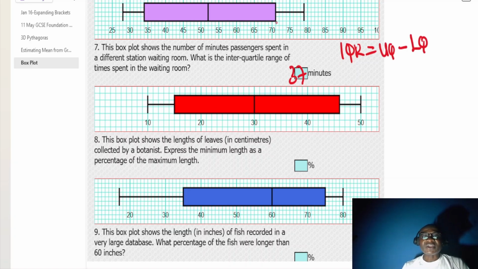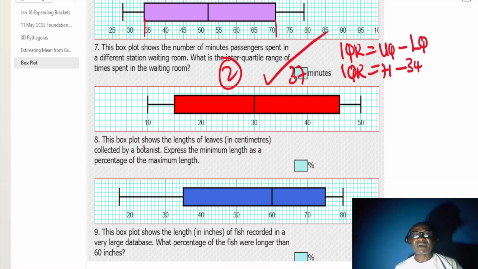The upper quartile is the highest value on the last line of the rectangular box, which is 1 line above 70, so it is 71. The lower quartile is a line before 35, which means 34. Let's calculate: 71 minus 34 is 37. You are on point. That is 2 marks, accurate.